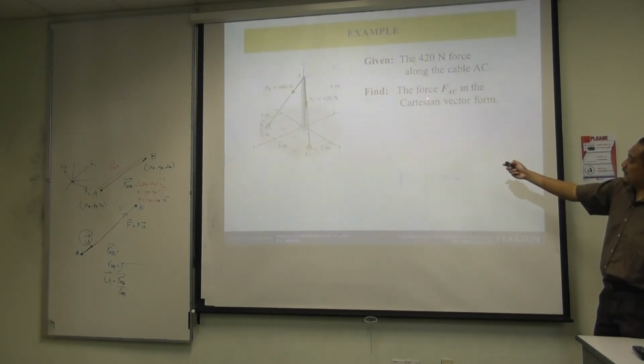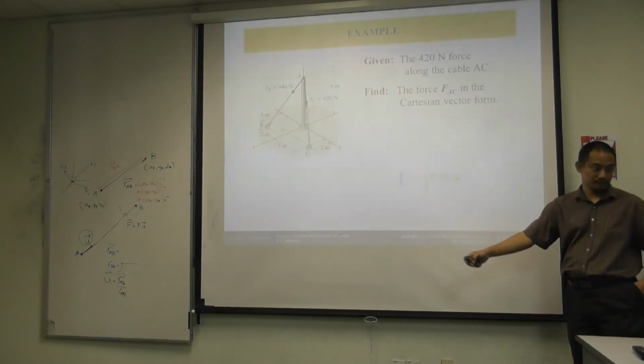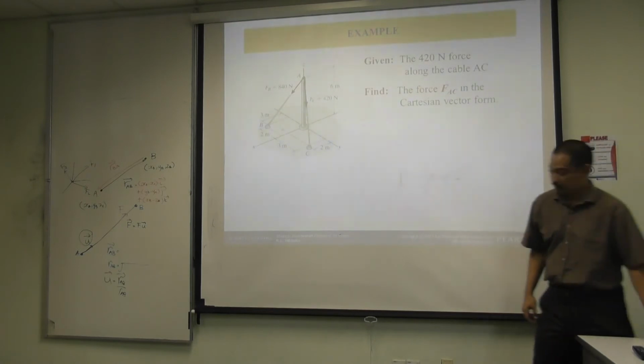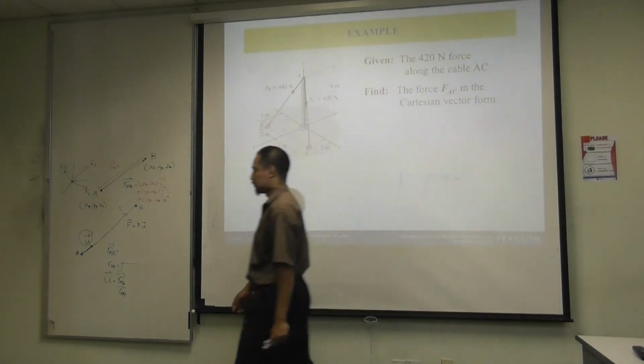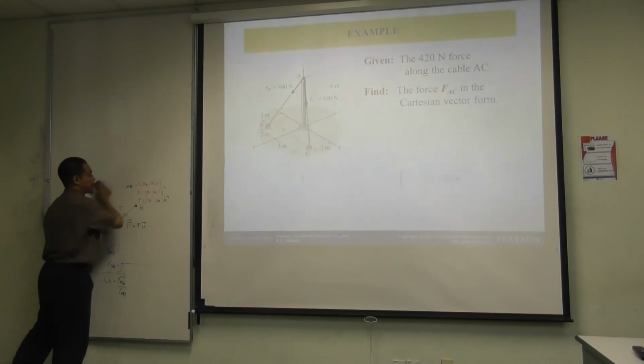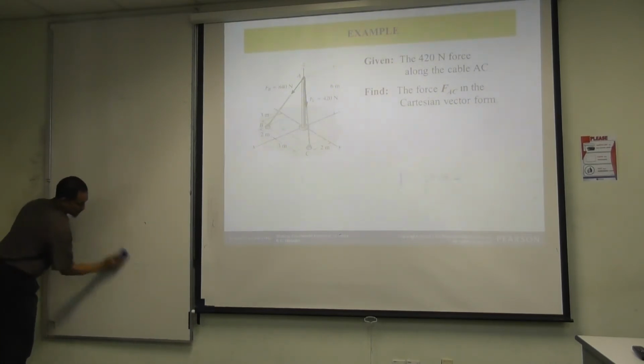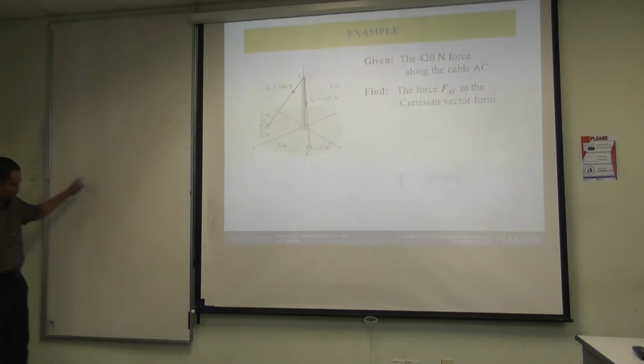So if you want to express FAC in Cartesian vector form, do you have any problem here? What will you do if you want to express FAC or FC here, 420 Newton, in vector form? According to the flow that we have mentioned before, what is the first step?